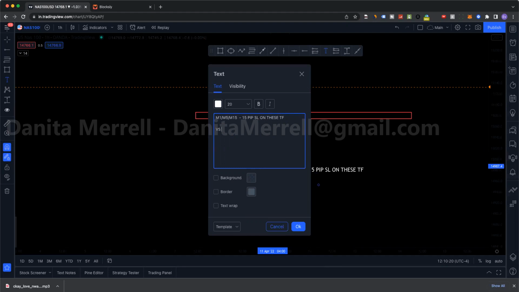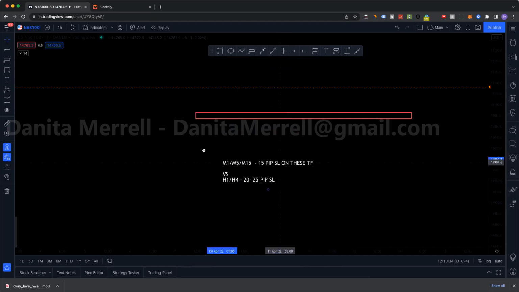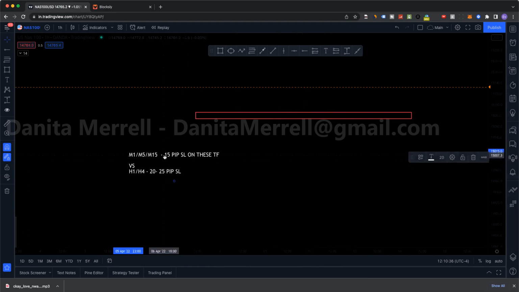Versus you have H1, H4, let's say with a 20 to 25 pip SL. You have to ask yourself, does it make sense to save 10 pips when I'm using a higher time frame entry? Because now I have the power of higher time frame stacks instead of trying to micromanage my M1, M5, M15.